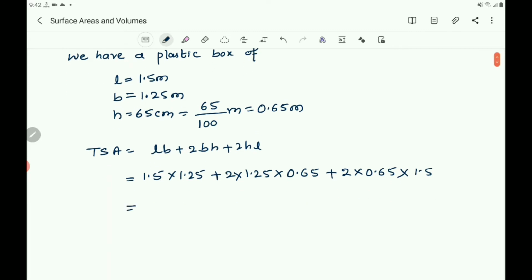Now you find the product of these. What is the product of the first two?